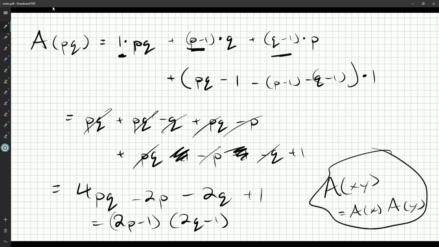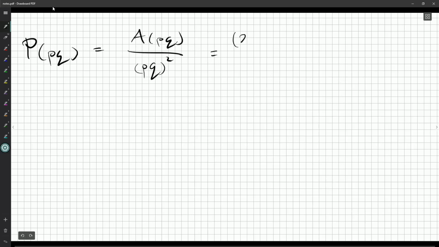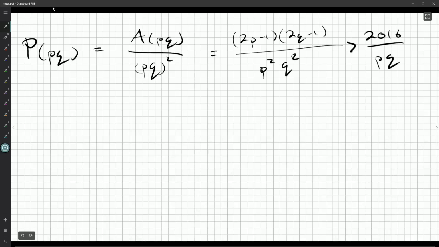So there's my formula for APQ. So what would that do? So we'd get APQ over PQ squared. That would be 2P minus 1, 2Q minus 1 over P squared Q squared. And I want that to be greater than 2016 over PQ.